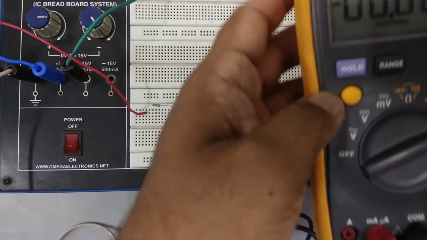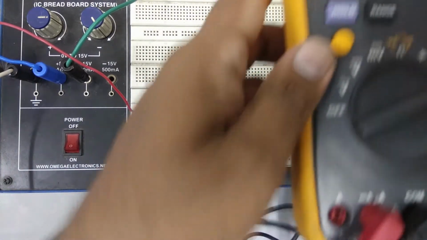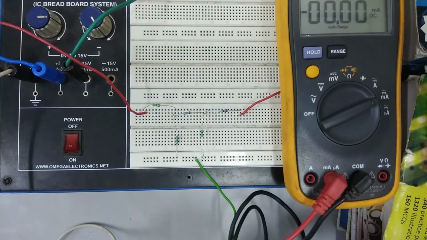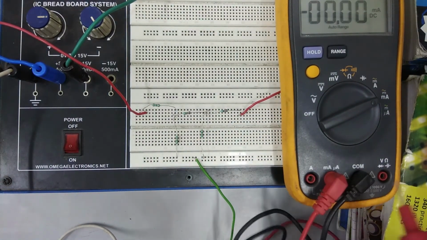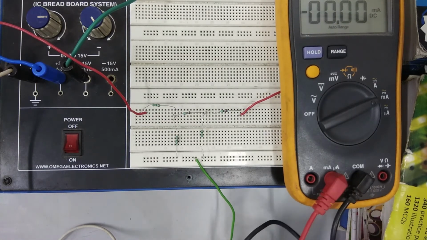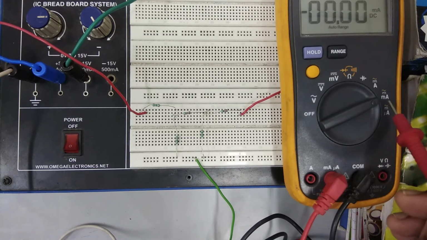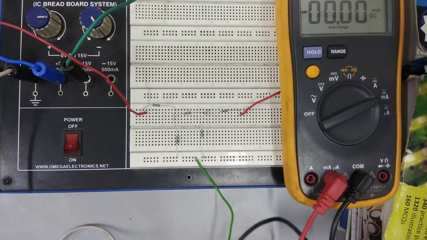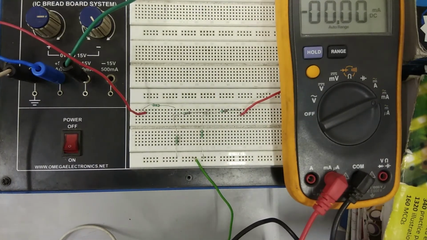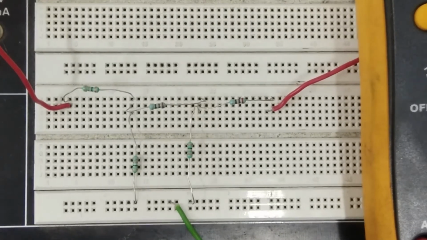Again we can find I1, I2 and I3 using a multimeter. For the multimeter we need to connect it in this range, that is the common one, and the milliammeter or microammeter, and your pointer should be at milliampere. Now I want to find out I1. As I said earlier, for finding I1 we have to connect the ammeter over here or over here.